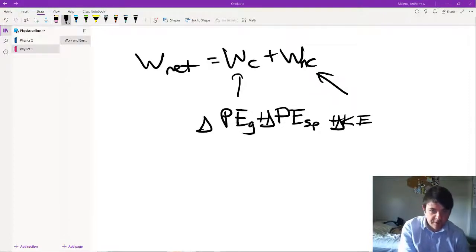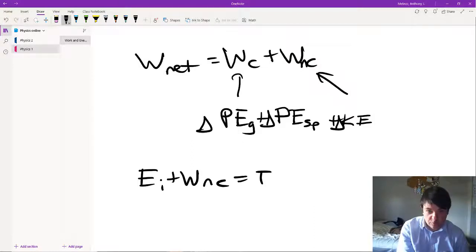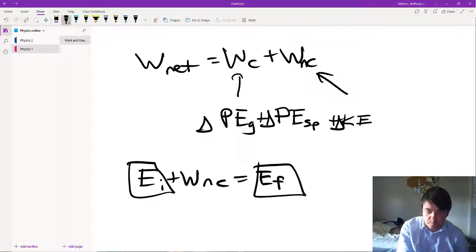And so what we can actually get is an equation, after you actually do all the math with this. I'm just trying to save you some time because the derivation is not super essential. What this ends up giving you is an equation where the initial energy of a system is equal to the final energy of the system after you subtract away the non-conservative work.